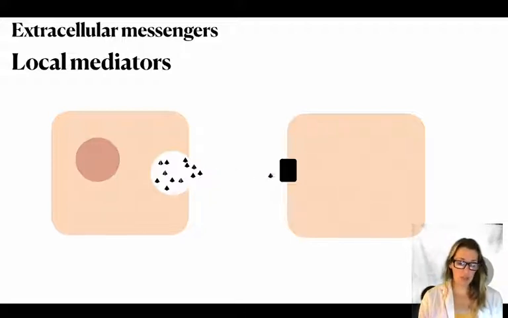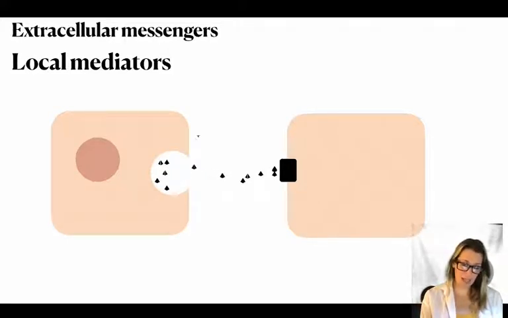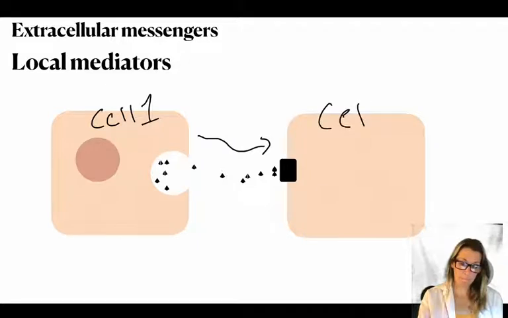Local mediators are ones that are released close to their target cell. A local mediator, specifically, has an action on a different cell. So here, what these little triangles are indicating is they're flowing from cell 1 to cell 2. So these extracellular messengers are having an action on a different cell.